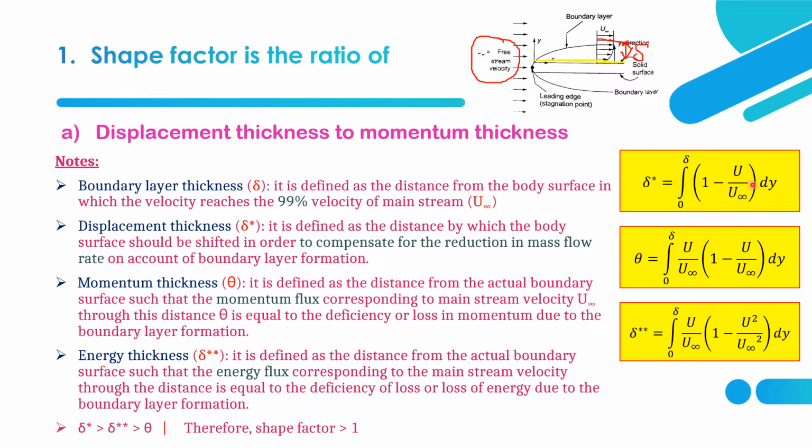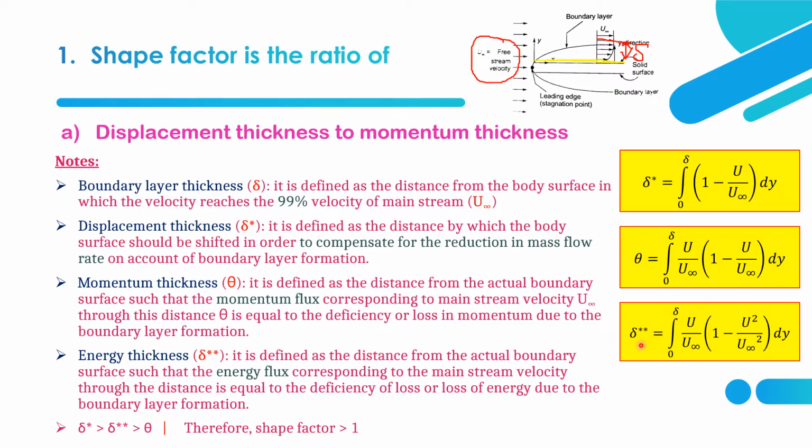U is the velocity at that point, and u infinity is the free stream velocity. So this is how we have to see the relation between velocity profile and displacement thickness. And next is the momentum thickness. So theta is equal to integration 0 to del of u by u infinity into 1 minus u by u infinity dy. Dy means nothing but the smallest vertical distance.